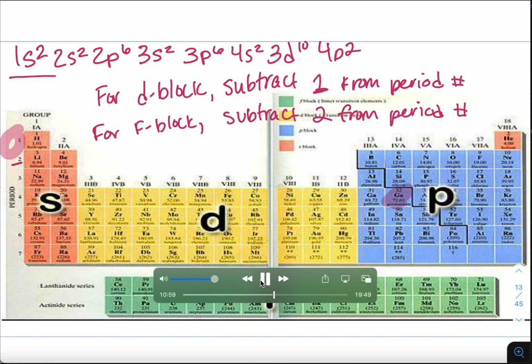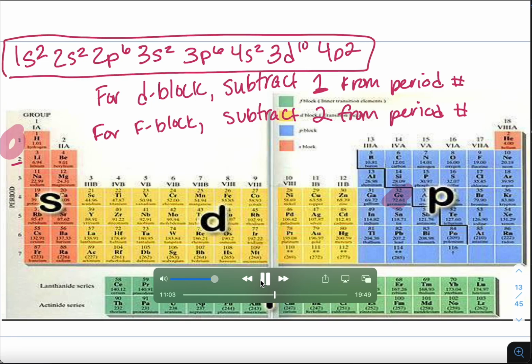And that's why some people prefer the arrow diagram as opposed to the periodic table method. I do think it's very helpful for you to have at least an understanding of both, because this is a good check, and it also helps you because you can figure out where it is supposed to end, meaning where your configuration is supposed to end. So even if you use the arrow diagram, you want to make sure, if you were doing germanium, that it ends in 4p2.